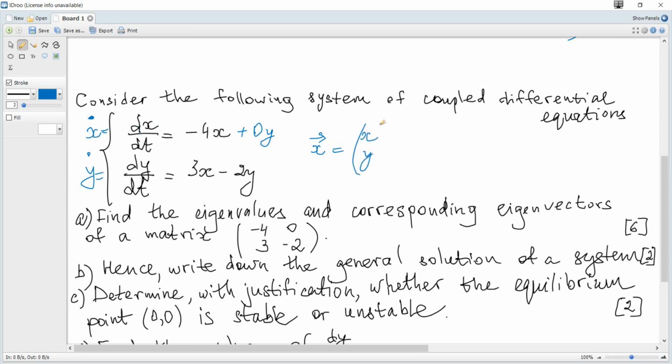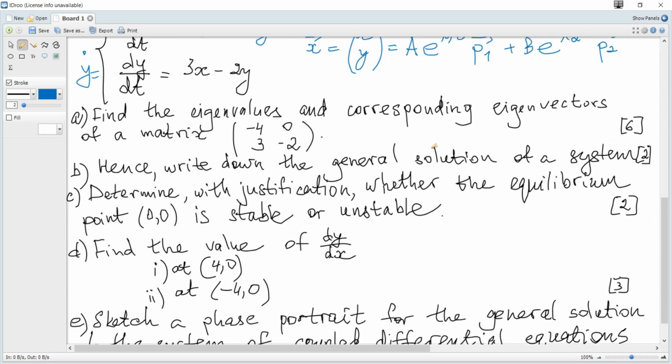X, y are what? Some constant a e to the power of lambda 1 t, it's time, because it's an equation with respect to time, and the corresponding eigenvector p1, plus b e to the power of lambda 2 t, also multiplied by vector p2.